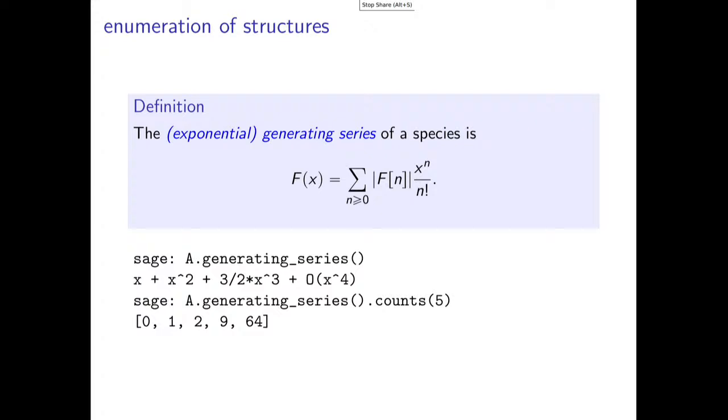And of course, this is also implemented. For example, for the set of trees we just defined, we get x plus x squared and so on. So the number of structures is 1, then we have 2 because we have to multiply by 2 factorial, then we have 9 and so on, so it's n to the power of n.